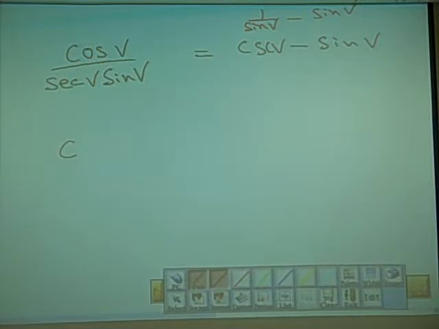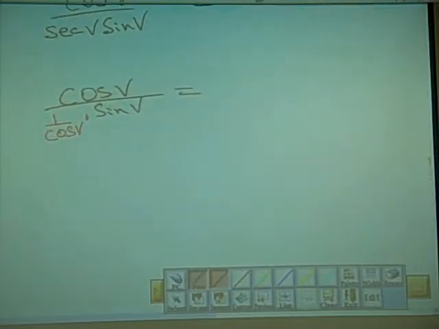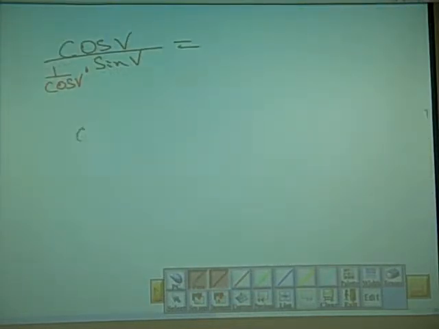So here we have cosine v, and that means we have to change secant to 1 over cosine, times sine v. Okay? So from there, we have cosine v over 1 over sine v over cosine v.